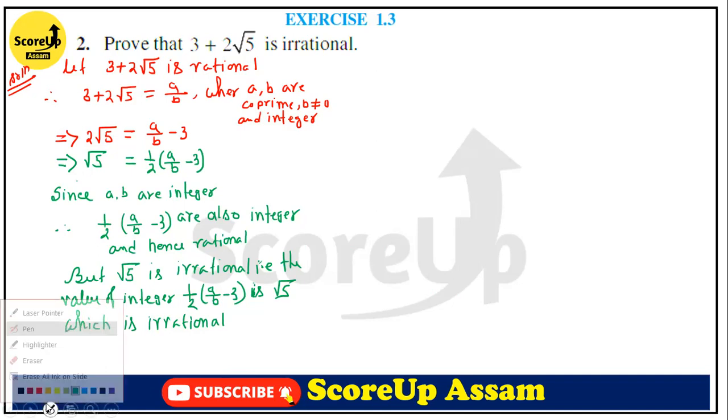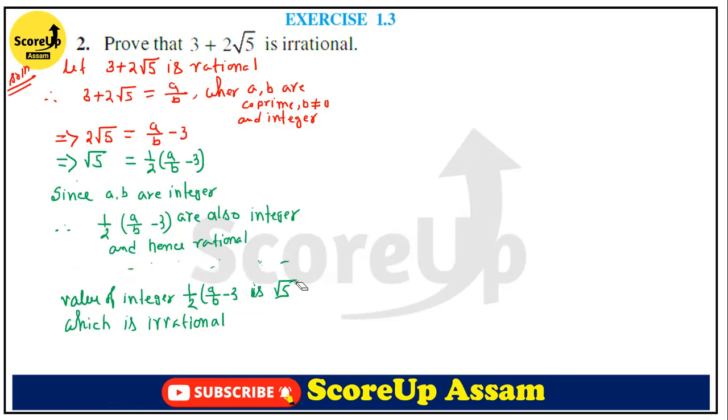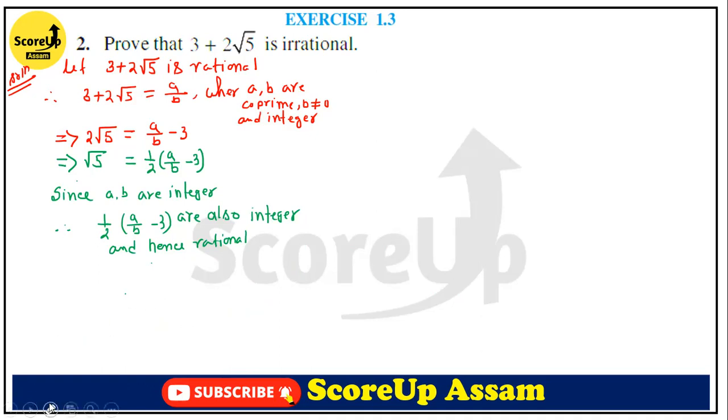So you can also write like this. Let me tell you how. You can write like this also, that 1 by 2 into a minus b are also integers and hence rational. So root over 5 is also rational, right?